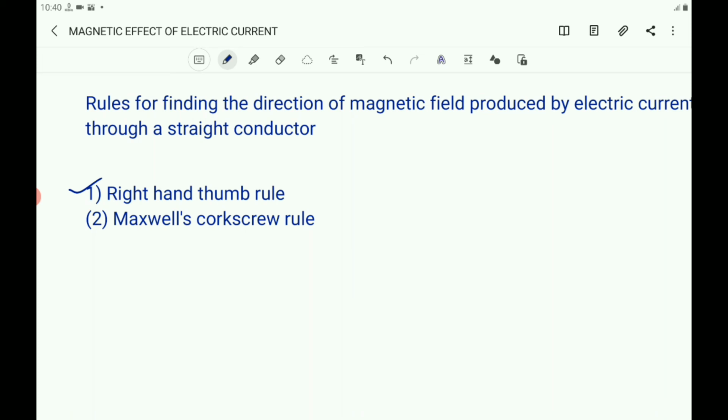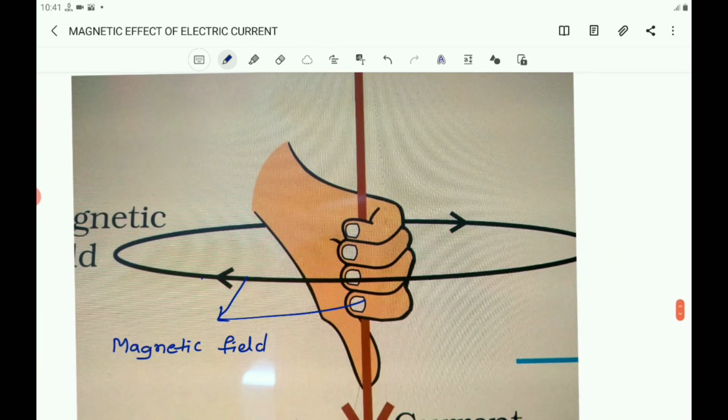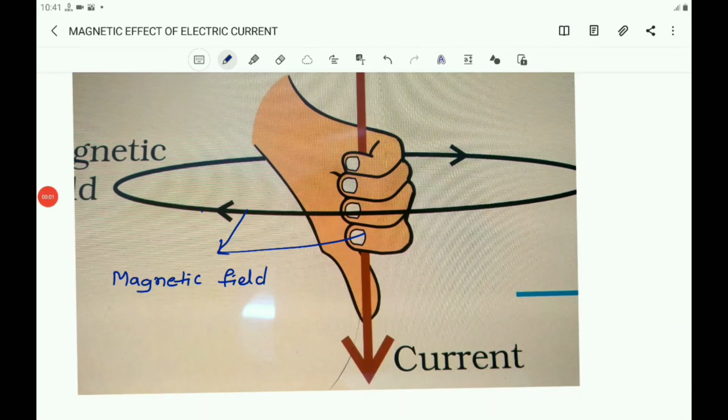These are the convenient ways of finding the direction of magnetic field associated with a current carrying conductor. So what is the right hand thumb rule?